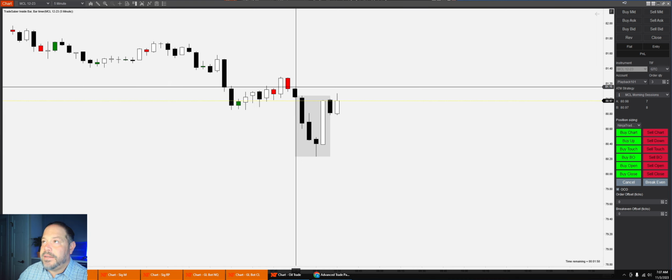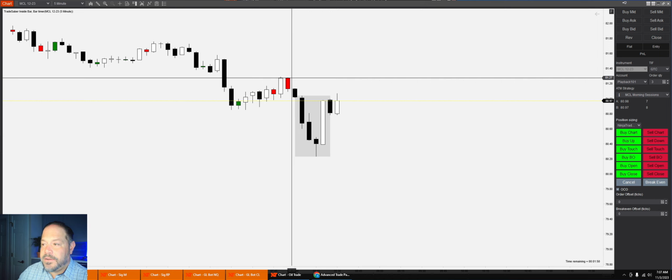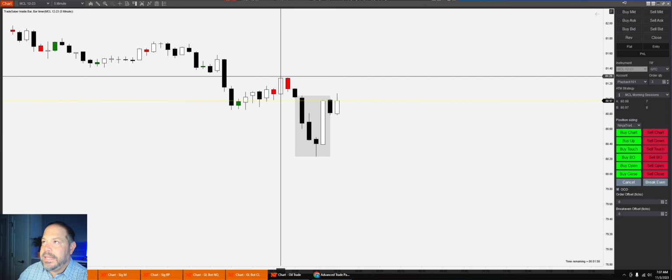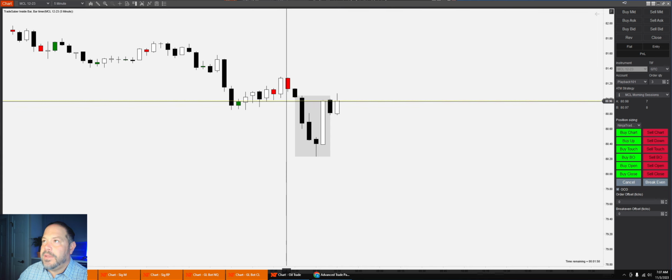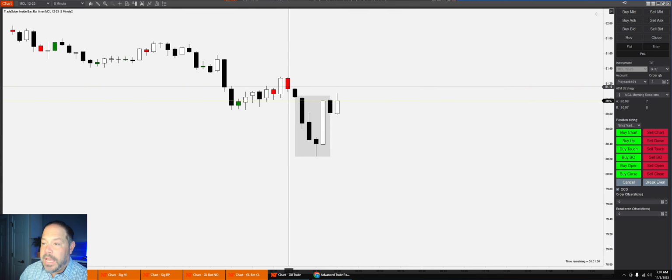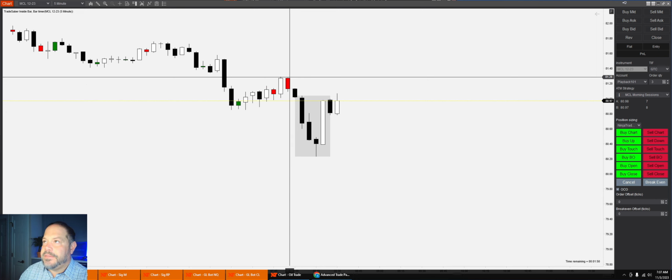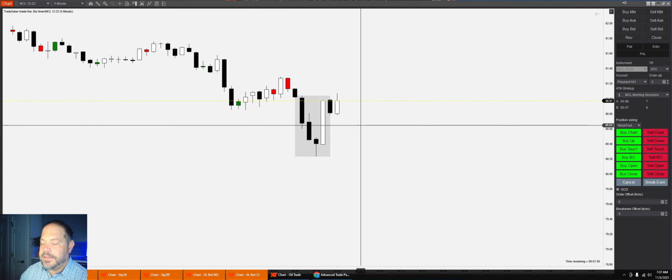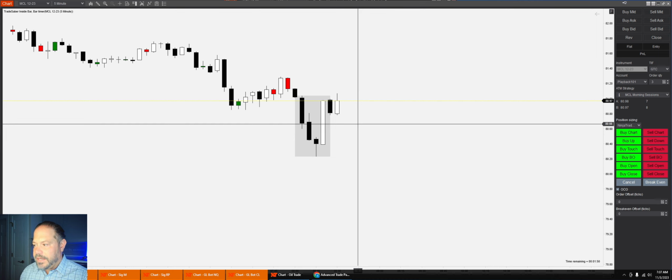Now, some inside bar indicators count equal highs and equal lows as an inside bar, which is how I take my strategy. I really don't care if it's touching exactly or if it's one tick inside of it. To me, that's still the overall strategy: we are looking for that momentum play.